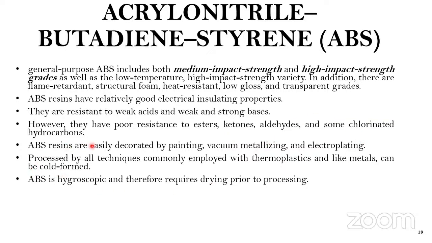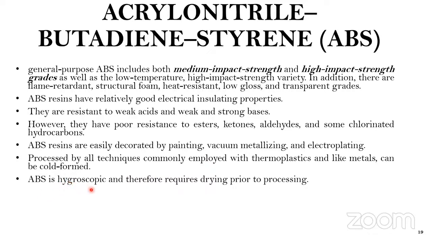Basically, the paintability of ABS is high. That's why we are using it for exterior panels. It can be processed by all techniques, meaning you can do the compounding of this ABS in the cold form, or you can use any of the techniques to process this thermoplastic ABS.